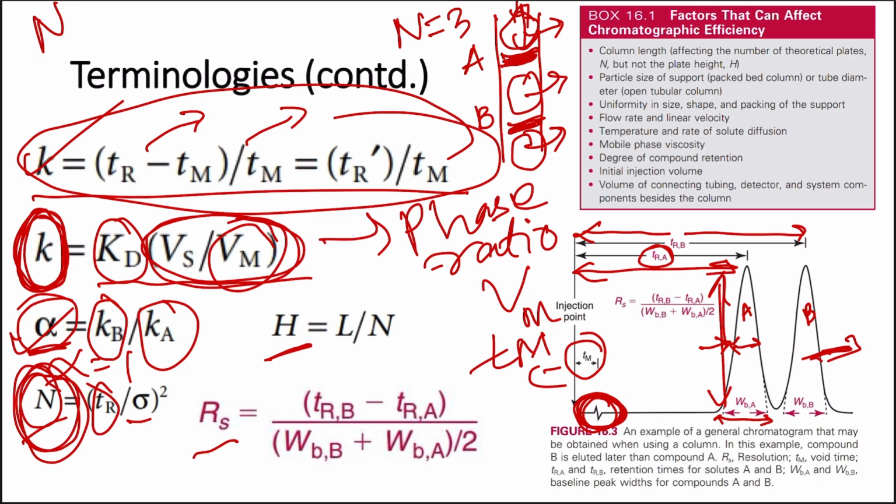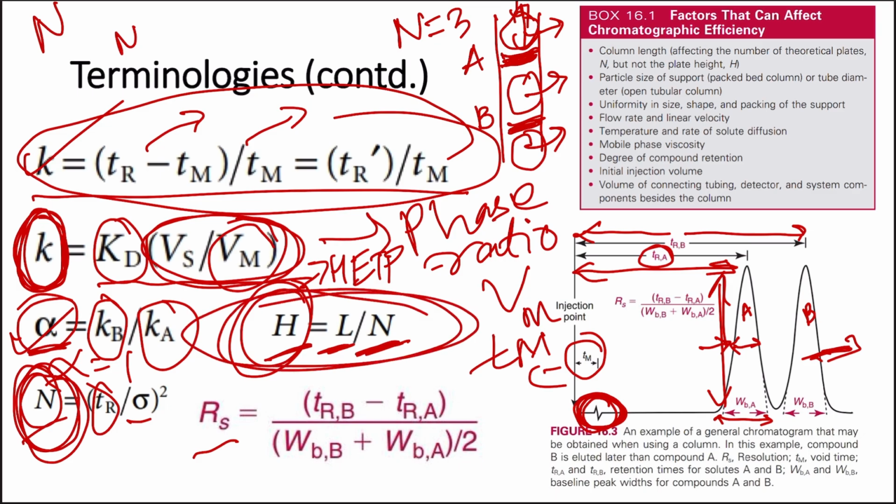The number of plates increases with the length of the column, because the longer the column, the more plates. That's why we need an even better measurement, which we call H, also known as HETP, the height equivalent of a theoretical plate. It is the length of the column divided by the number of plates, that is L by N. So it is an even better measurement.